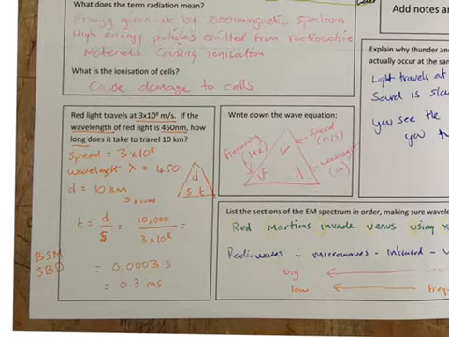So let's have a look here. We've got speed, 3 times 10 to the power 8 meters per second. I've got my wavelength is 450. My distance is 10 kilometers.